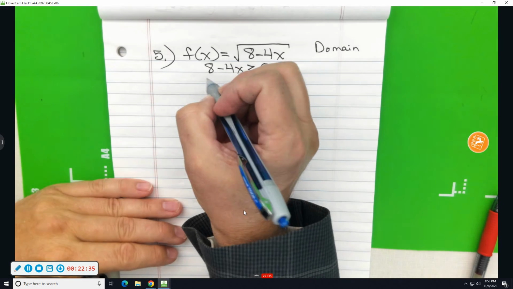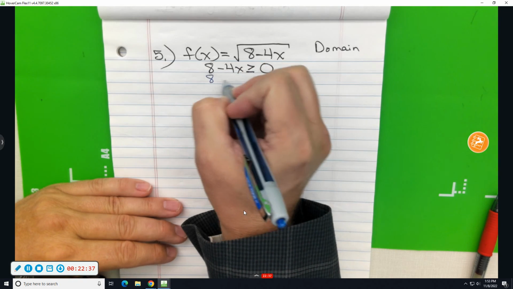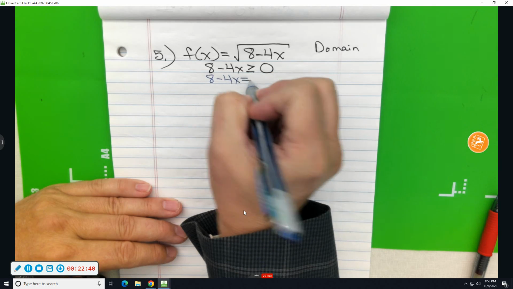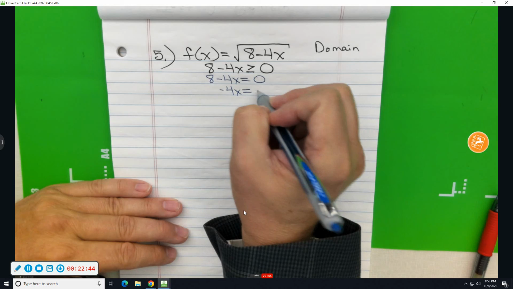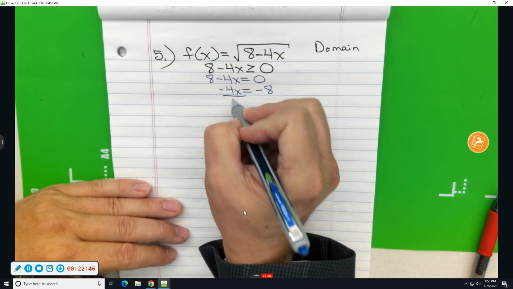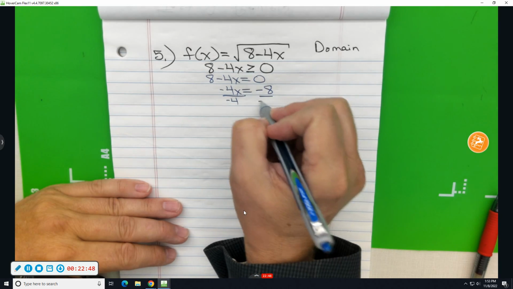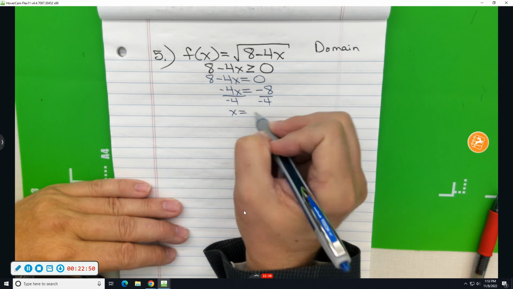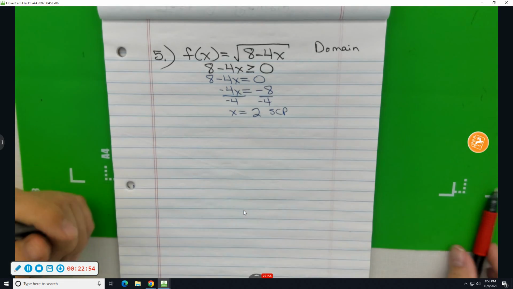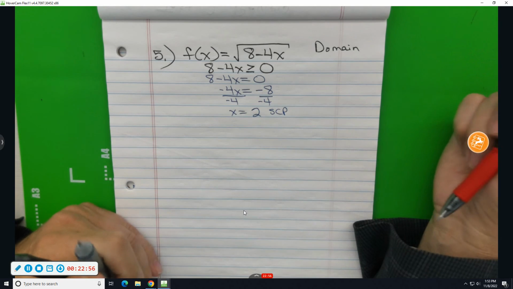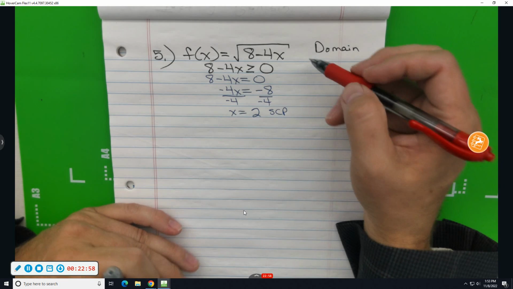So first thing I do with the cut point method, I ask myself, when is 8 minus 4x equal to 0? That's when negative 4x is equal to negative 8. Dividing by negative 4, we get a solution cut point of positive 2. We ask ourselves about denominator cut points.